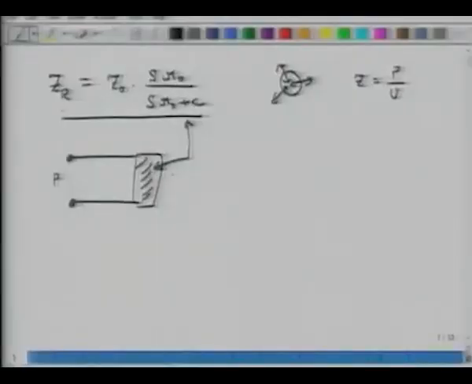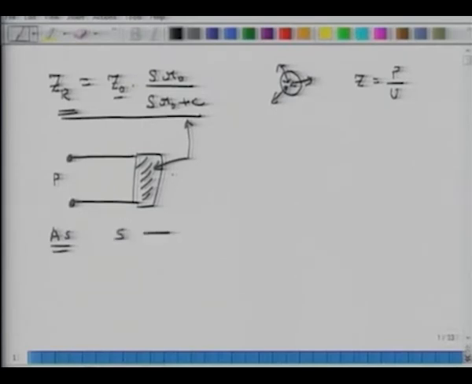So what you see here is ZR equals Z naught times SR naught over SR naught plus C, where Z naught is a real constant number, rho naught times C. Let's see how this ZR behaves.